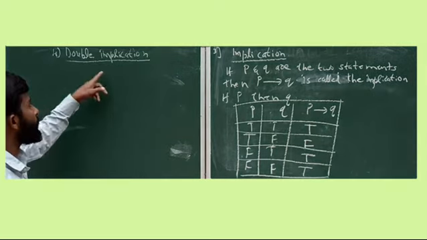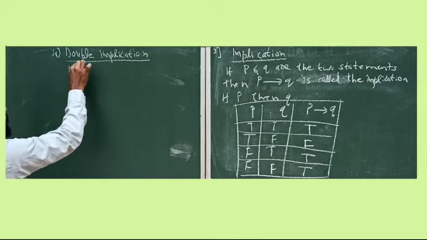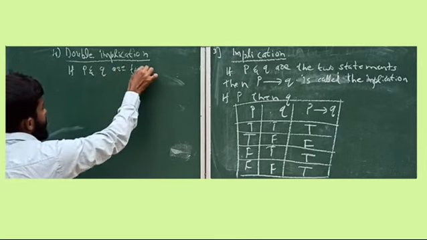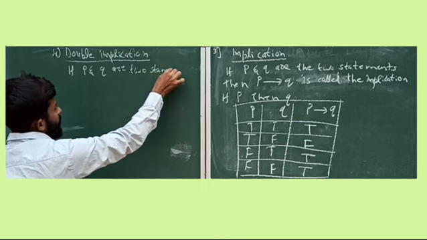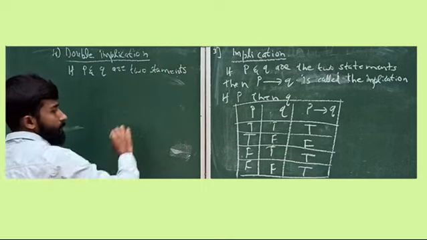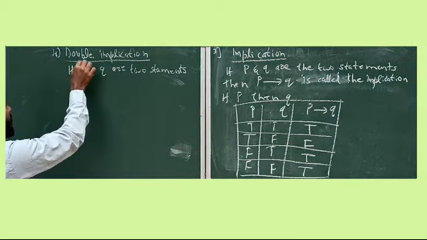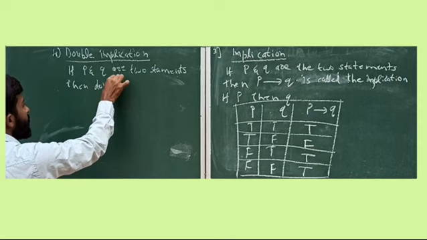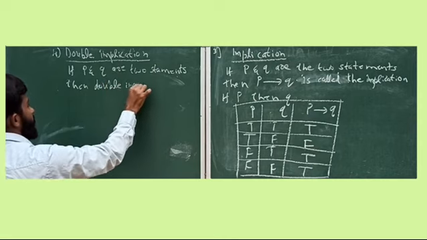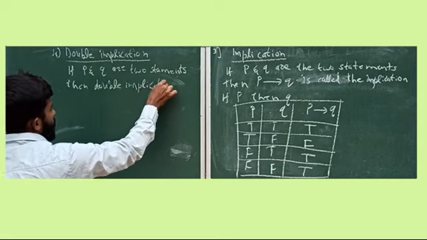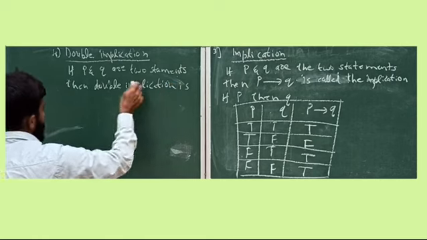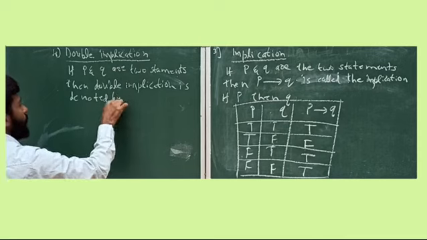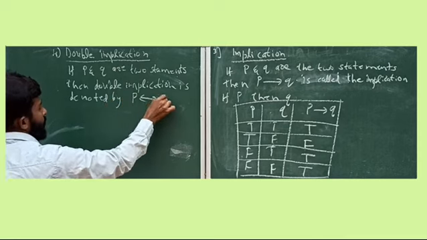Next, see, double implication. If P and Q are two statements, statement means two simple statements. Then double implication is denoted by this symbol.